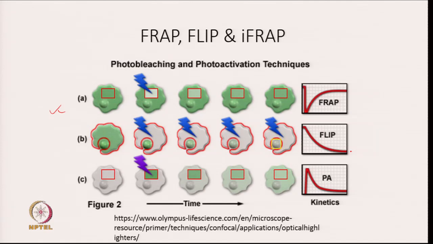Now, the third is what is known as the photo activation technique. In this, you have an unstained molecule, unstained tissue, and now you dye a particular area and put light on it. What will happen?